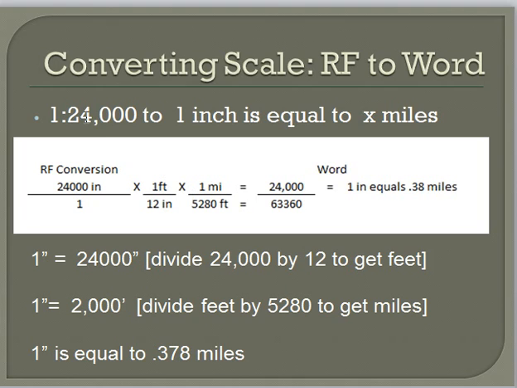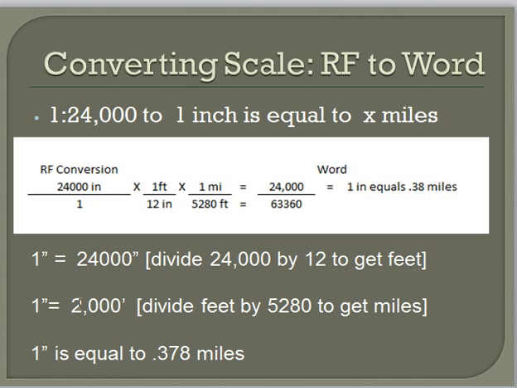so that I want to convert the 24,000 to miles. Instead of taking inches and removing my units, I want to add units back. So I'm going to end up on the left side with 1 inch equals. I'm going to take the 24,000 and divide that by 12 to get feet.